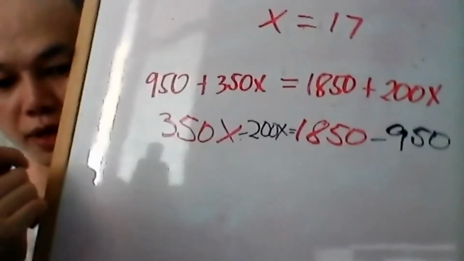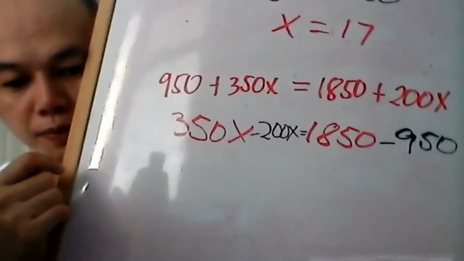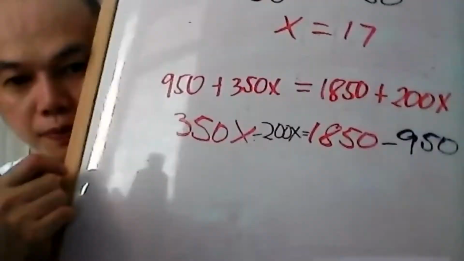Did you finish copying? Yes. Okay. I'm going to subtract them. Subtract 350 minus 200.